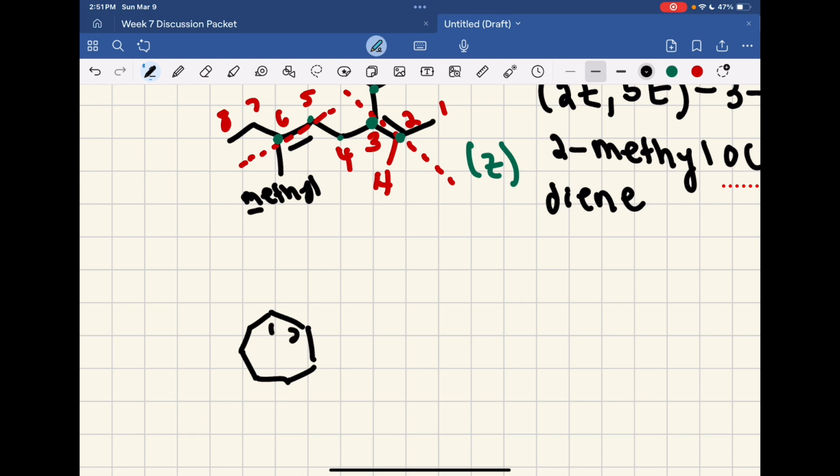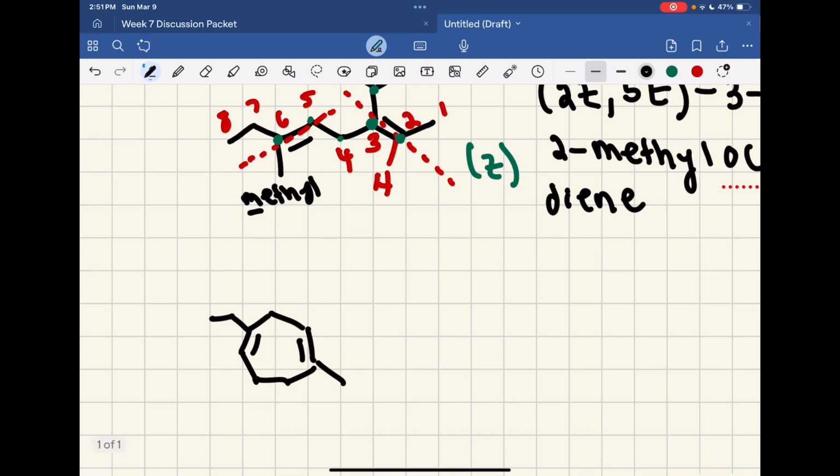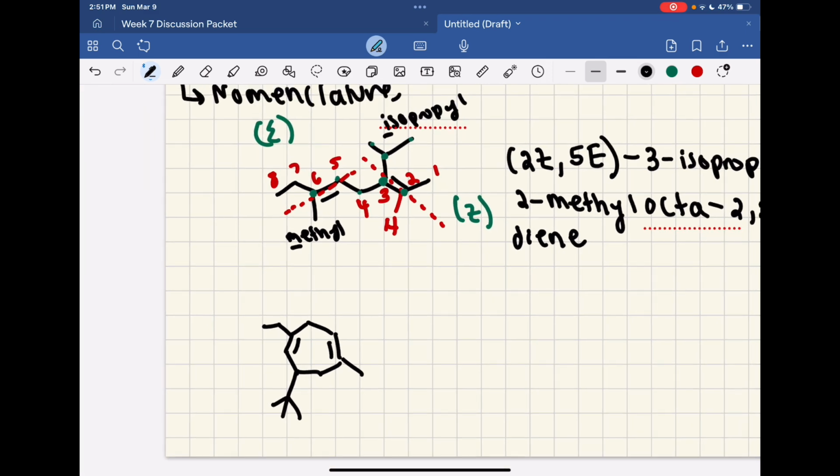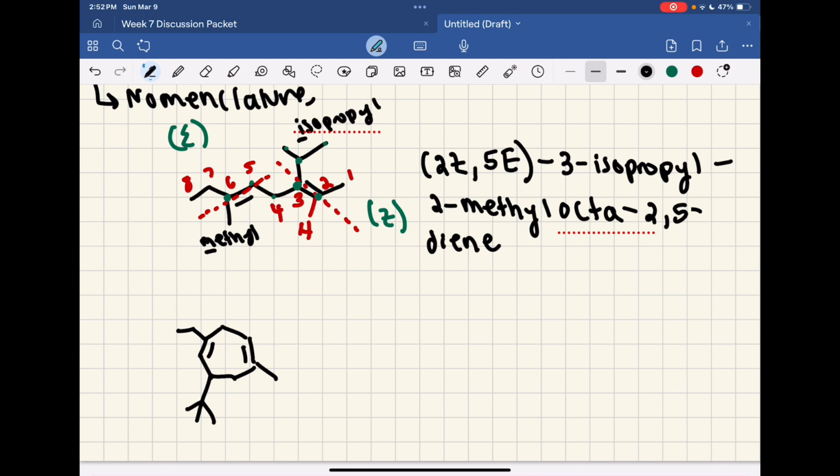So 1, 2, 3, 4, 5, 6, perfect. I have 7 carbons in this ring. Let me put on some substituents here. Maybe something that looks like that. Okay, so quite a big molecule here.